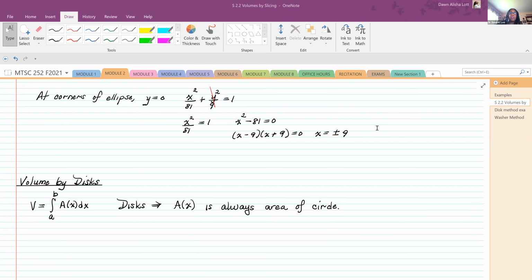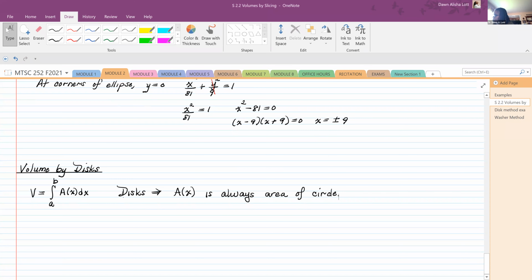So what's the area of a circle? Pi times radius squared. So the area of a circle is pi times the radius squared. Basically pi is known, so what we need to identify is the radius.